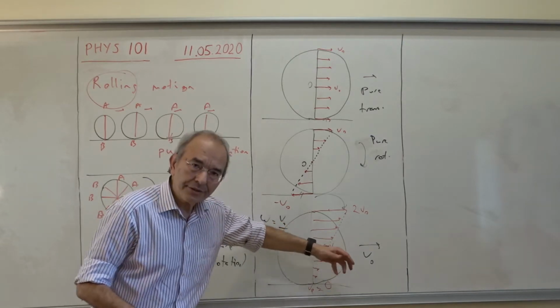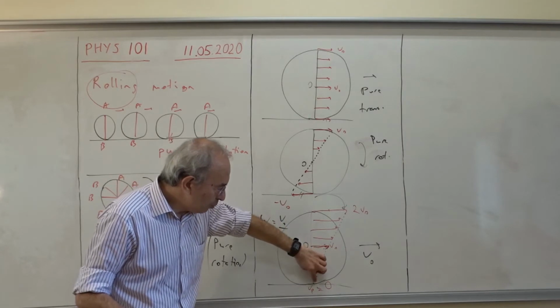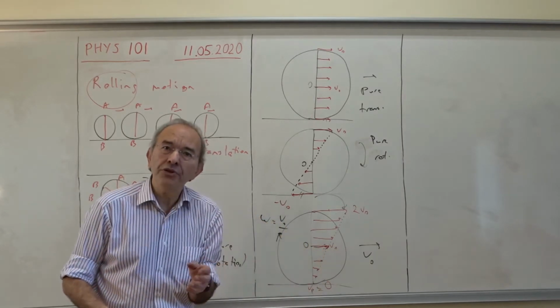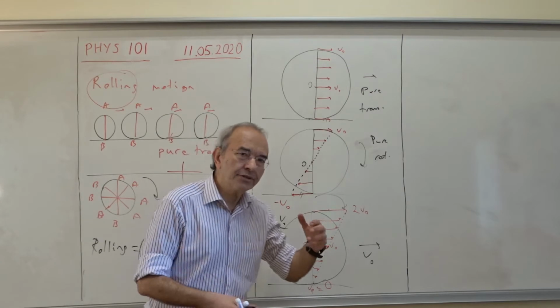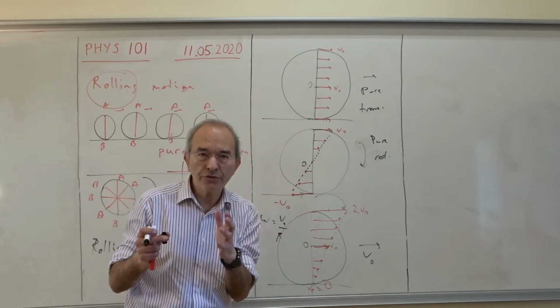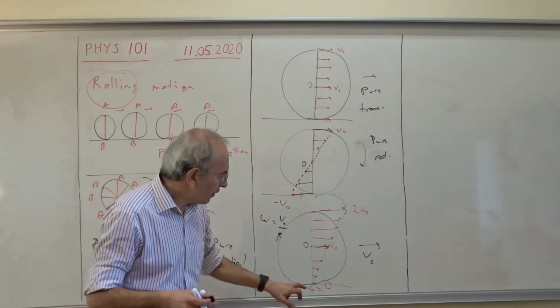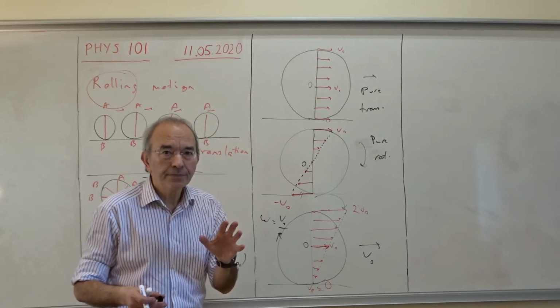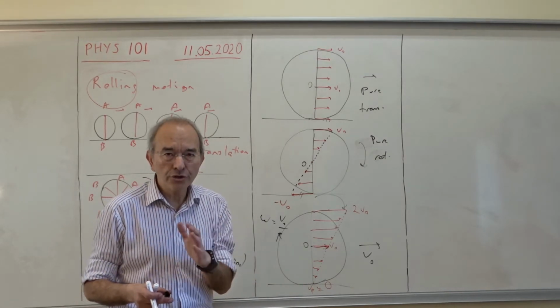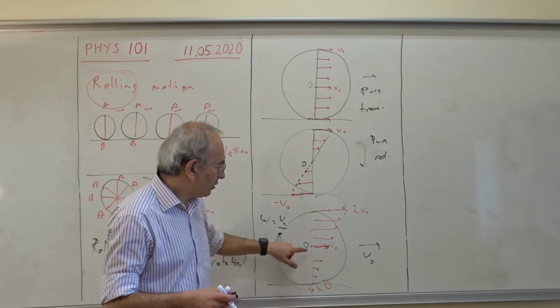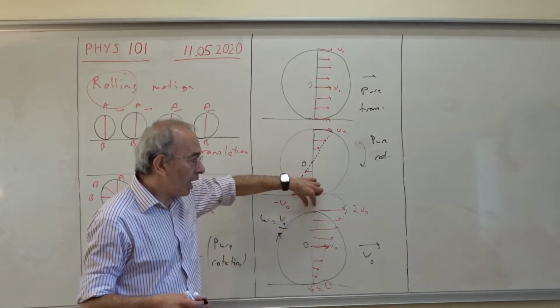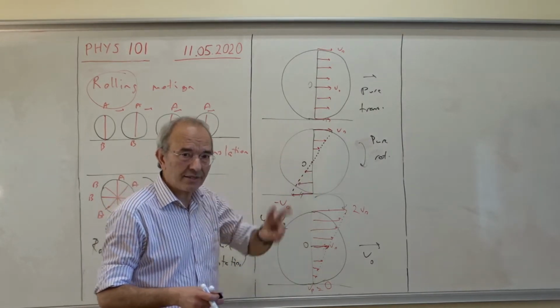A bit later, delta t later, a new point will come here, and that will be the new lowest point. And a bit later, a new point will take the place of the lowest position, etc. So that point does not have any horizontal speed. And the center has only V0, and the uppermost position has twice V0.